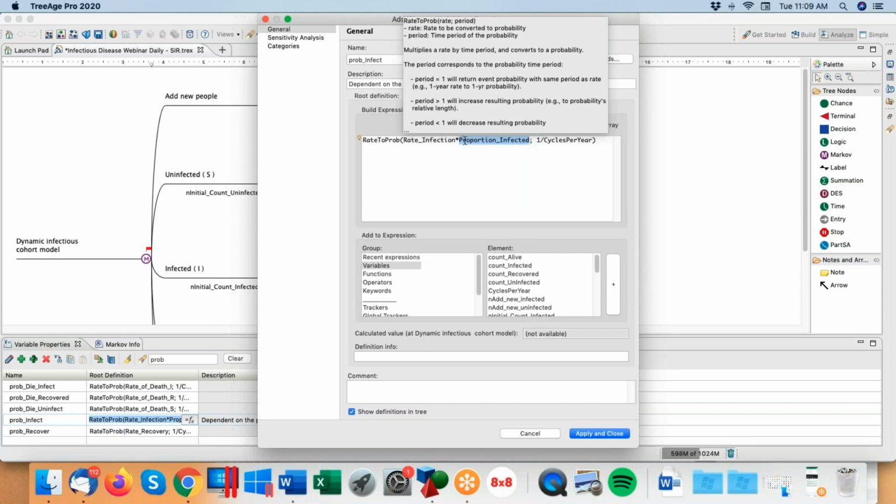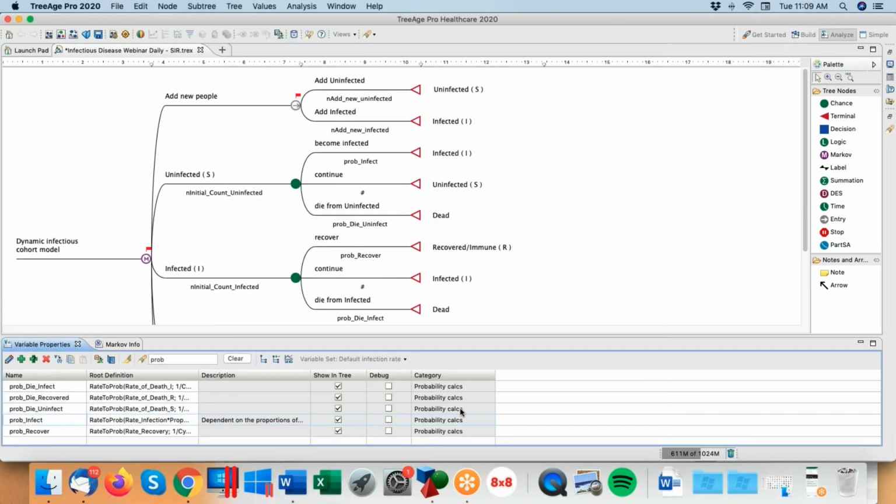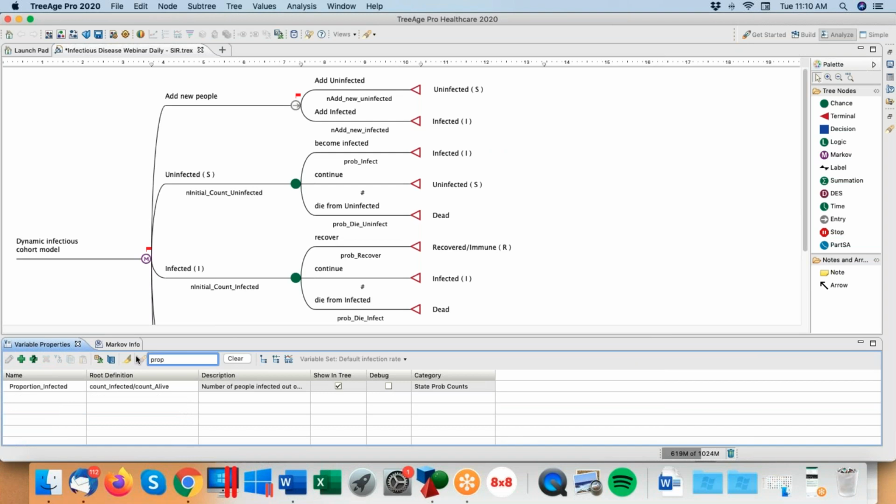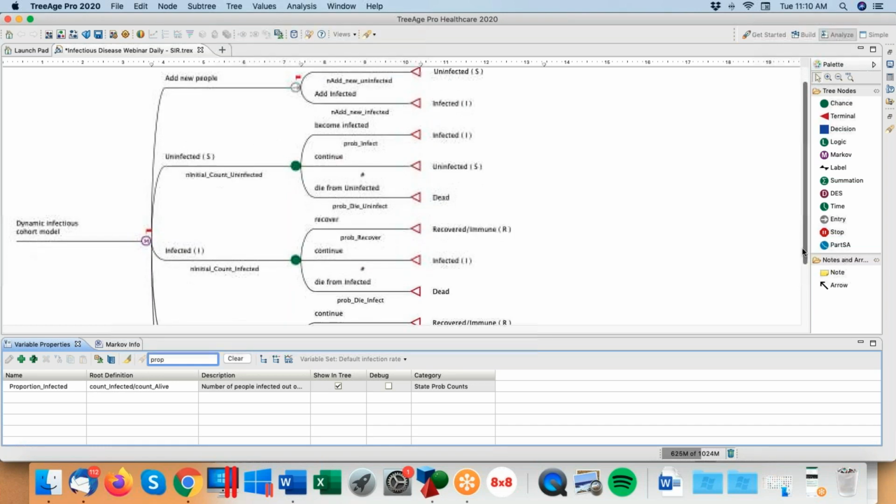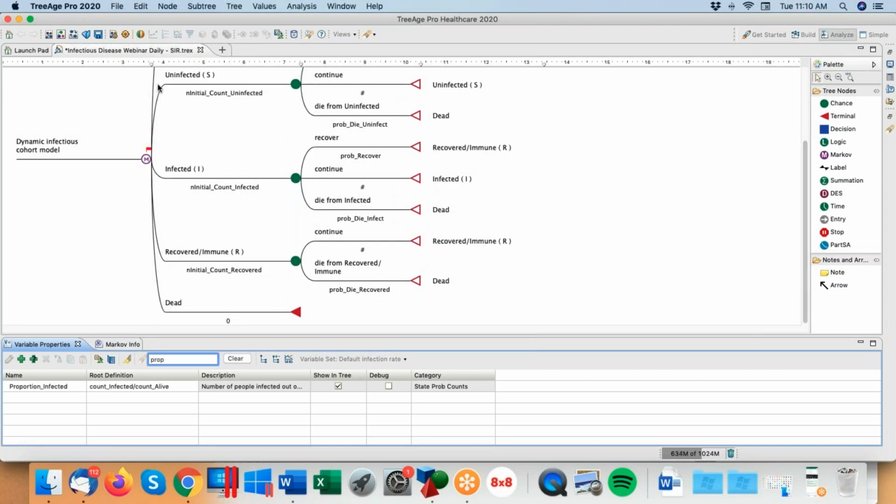So let's look even deeper at this probability of infection. Well, how is that calculated? Let's go back here and look for proportion infected. It's calculated as the count of the people infected, that's the people in this state, divided by the total count of people who are alive, which includes uninfected, infected, and recovered.